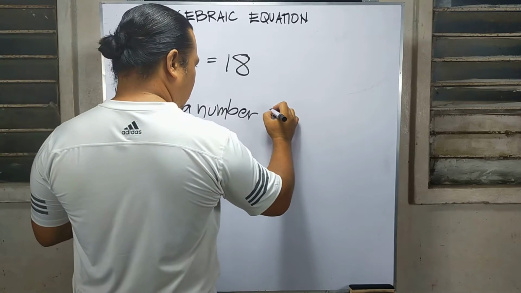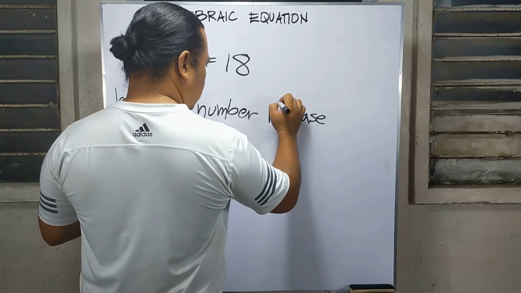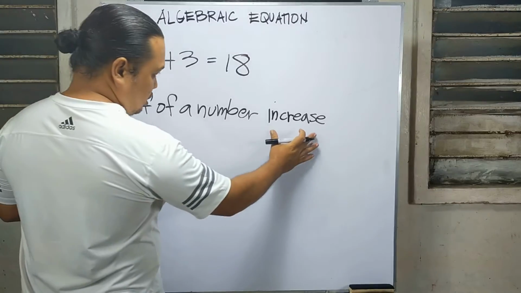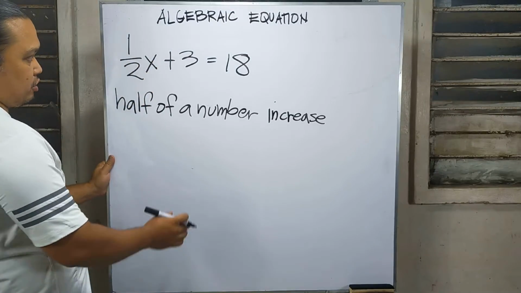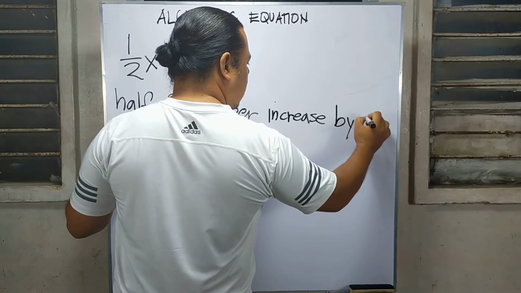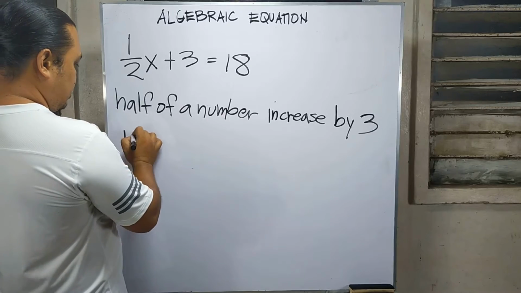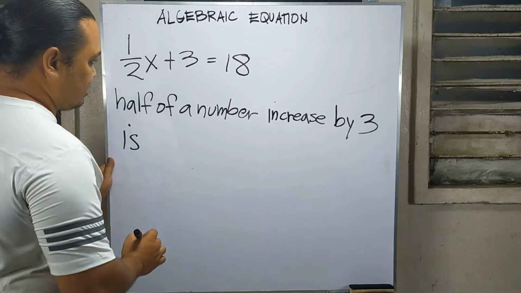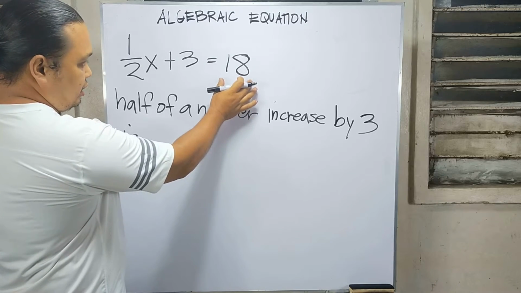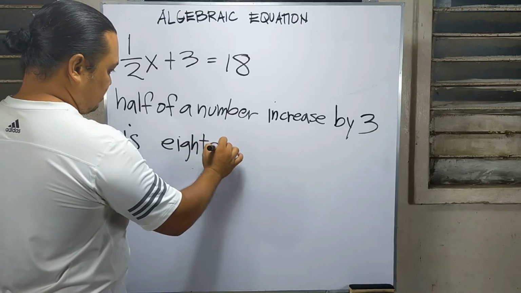You can use the term increase, or plus, or added. Let's just use increase. Increase by how much? By 3. Now equals here is equal to, or is. The answer is 18. That would be 18. Okay.